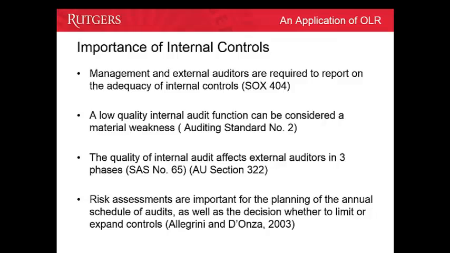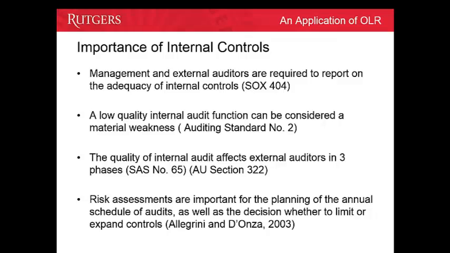As we know, the adequacy of internal controls is one of the most important risk factors. And after the accounting scandals that took place in the early 2000s, SOX 404 required management and external auditors to report on the adequacy of the company's internal controls.